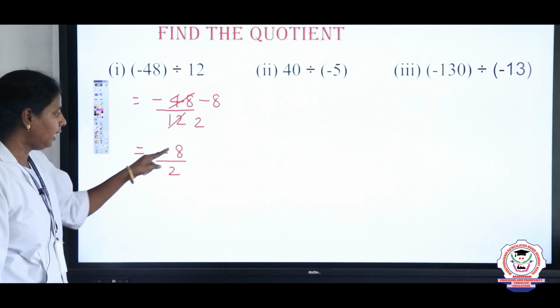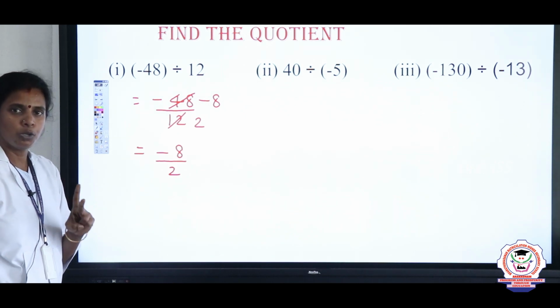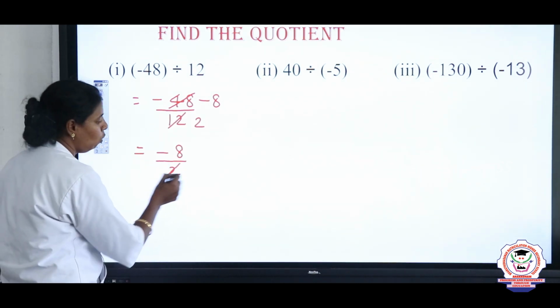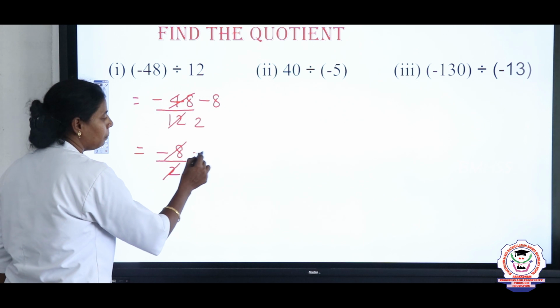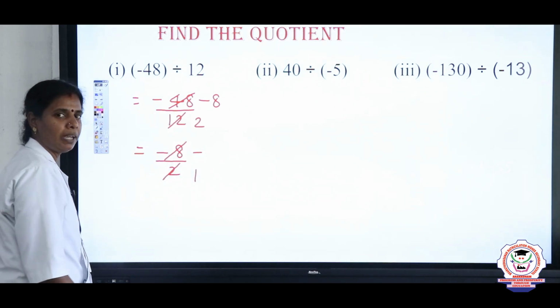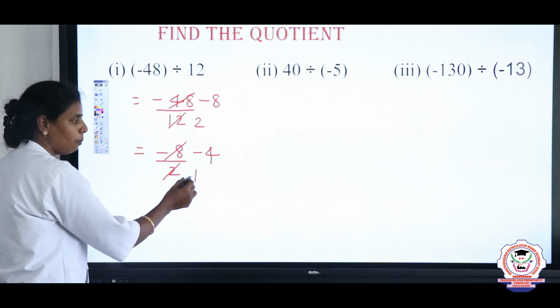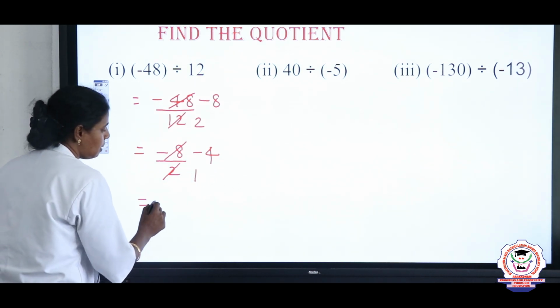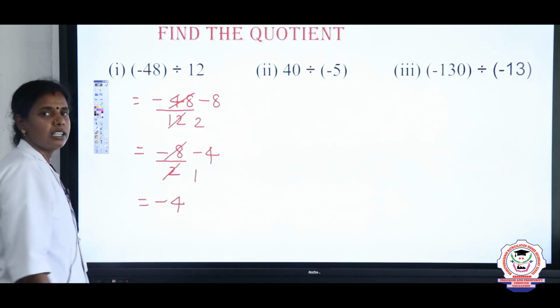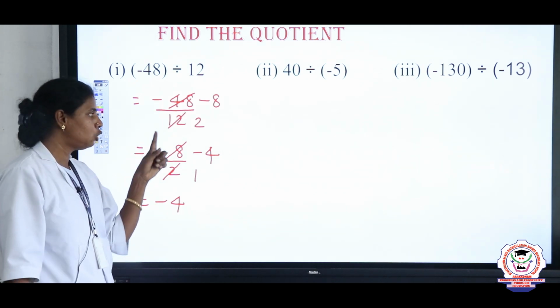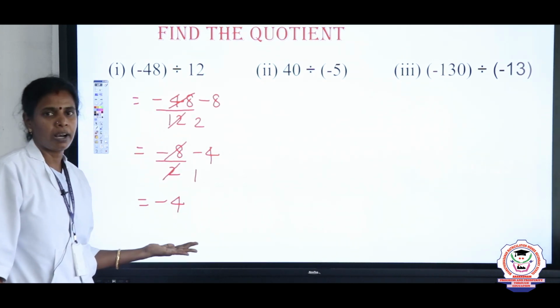Again now 8 and 2 can be cancelled using 2 table, right? So, 2 1 time, and here minus. How many times can 8 be cancelled? 2 4s are 8. So, minus 4 by 1 which is minus 4. Is it clear? Directly if you cancel with 12 table also you will get the same answer.